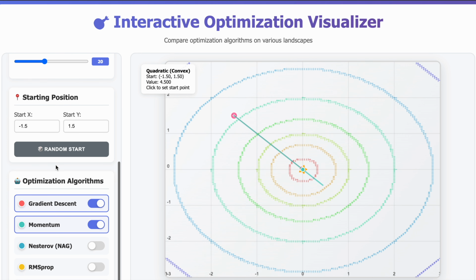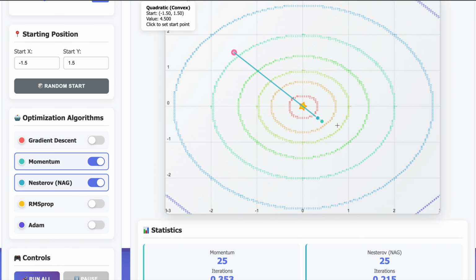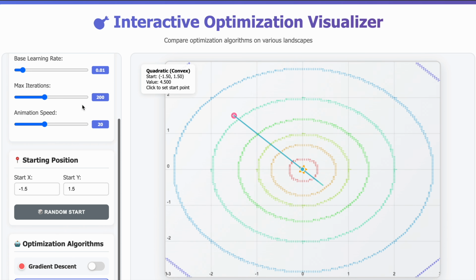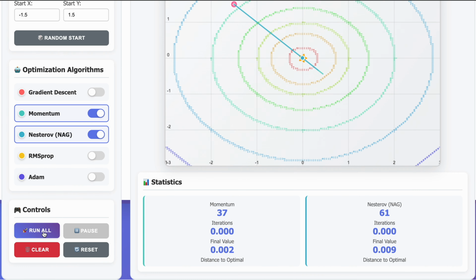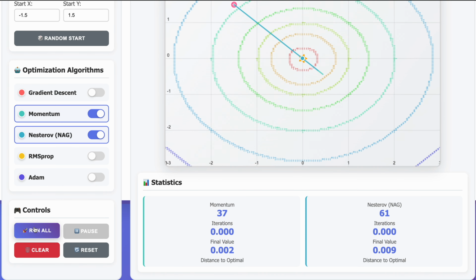So if I select Nesterov gradient descent and run it, just follow the balls. If I decrease the animation speed and run again, the lighter blue ball is our momentum, and the slightly darker blue ball is our next drop.